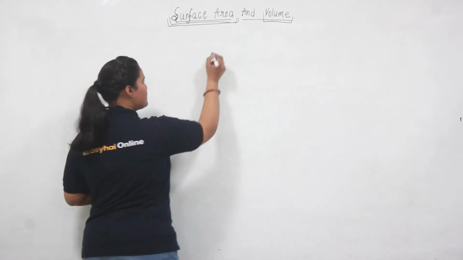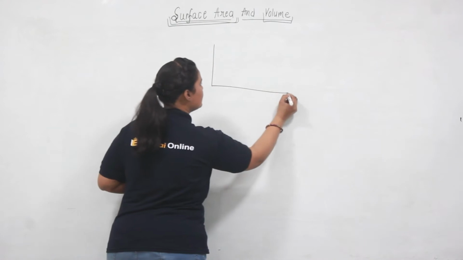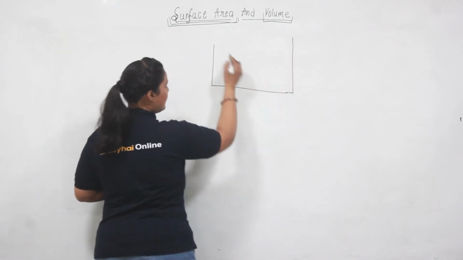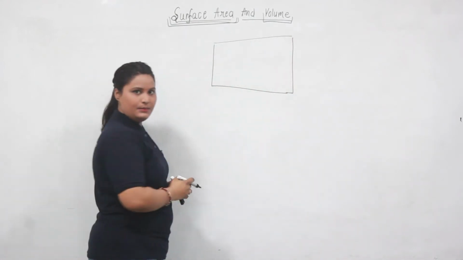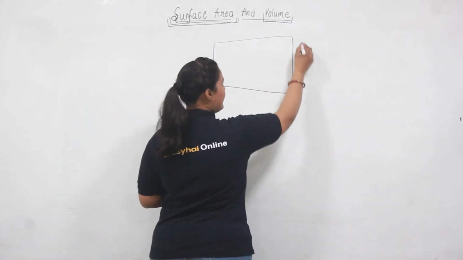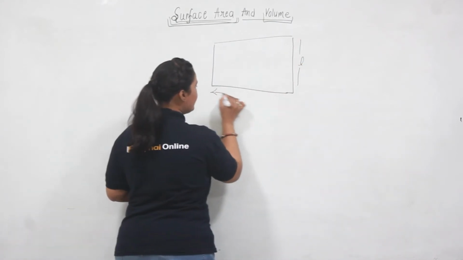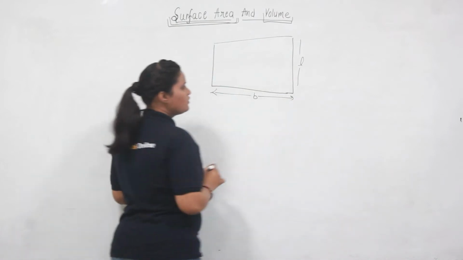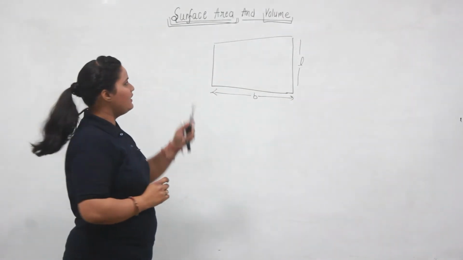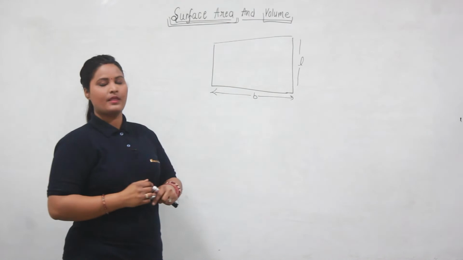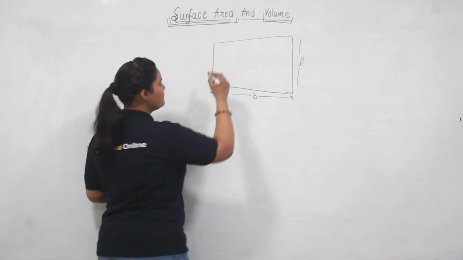Let's take a shape. If I take a rectangle, this is a rectangle having length L and breadth B. So what will be its surface area?